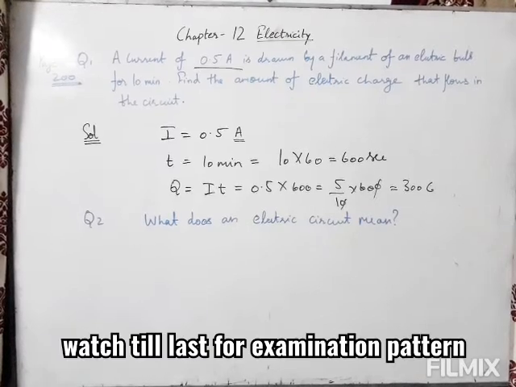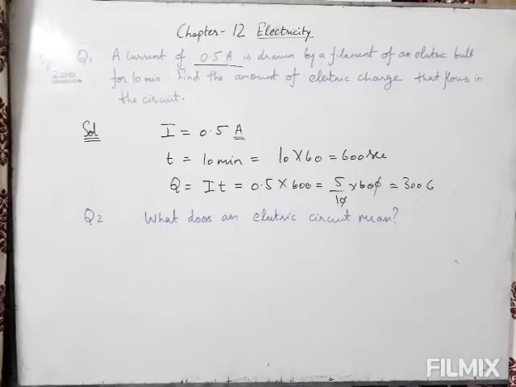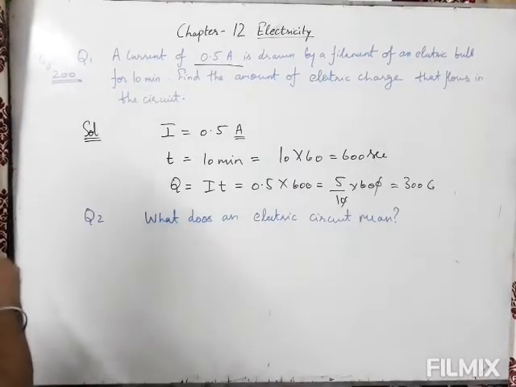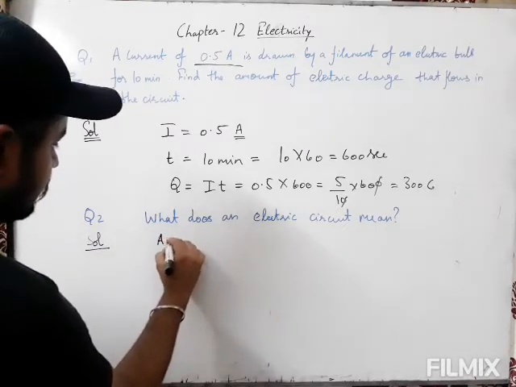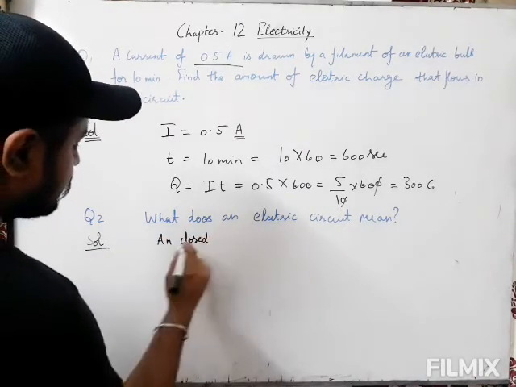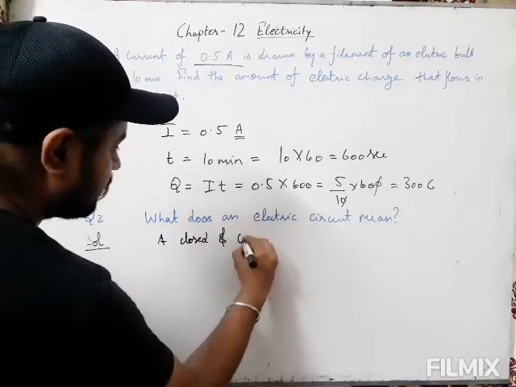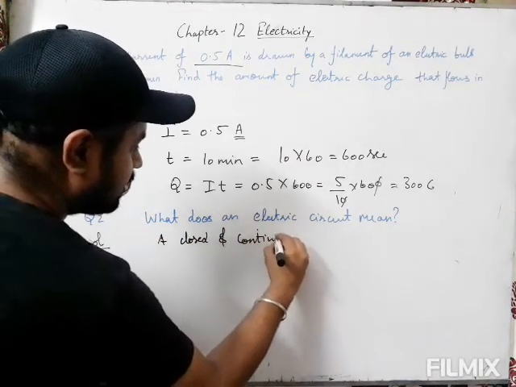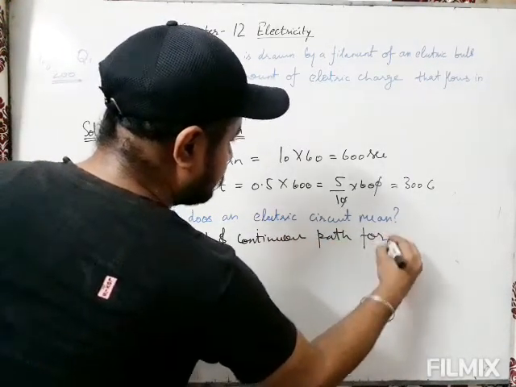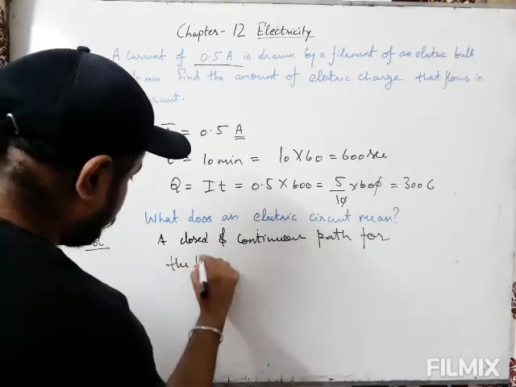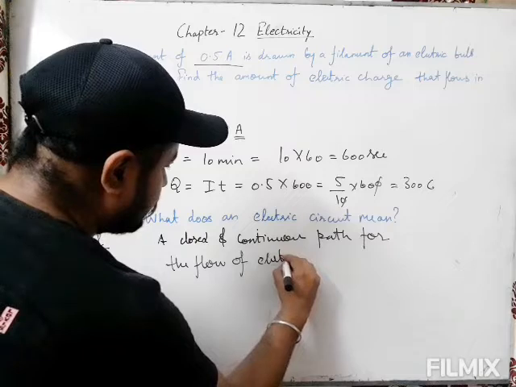Now we will be doing the second question. It says, what does an electric circuit mean? Basically, if we have to define it, an electric circuit is a closed and continuous path for the flow of electric current.